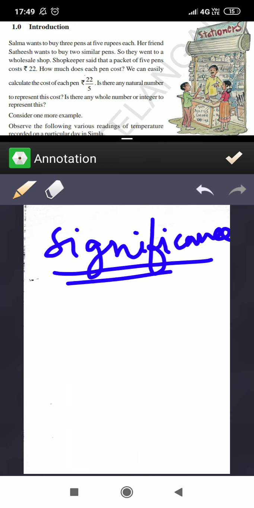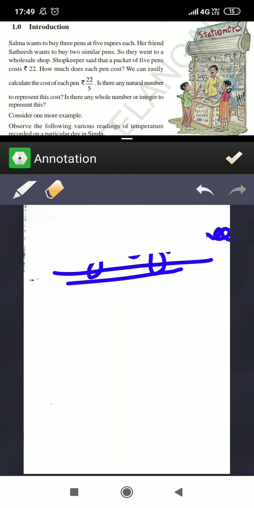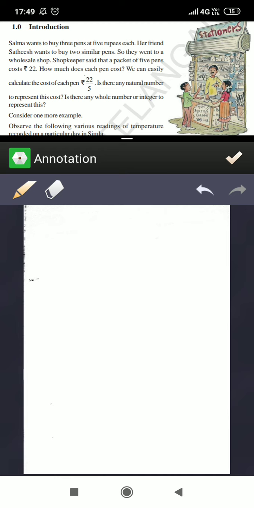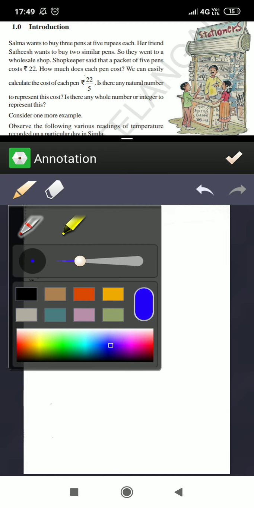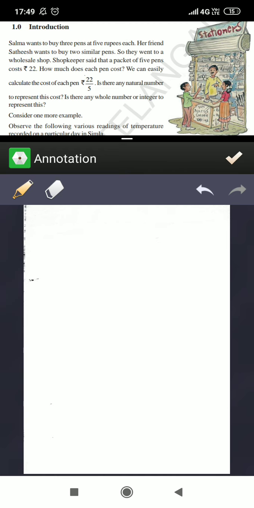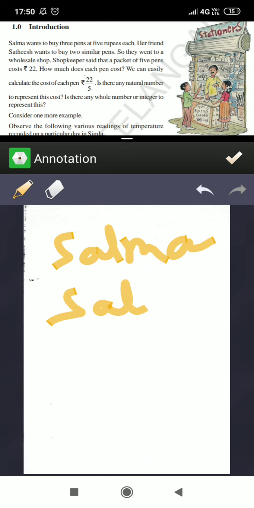I hope you understood significance. So here we are discussing an example. Two persons are there here, Salma and Satish.